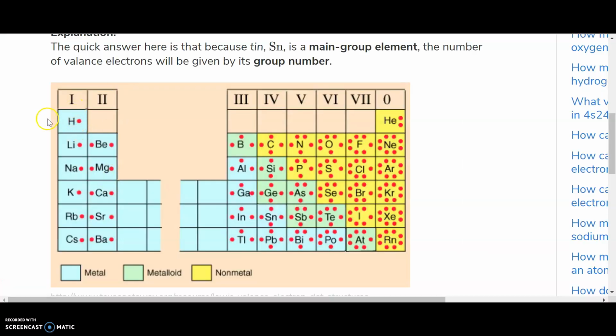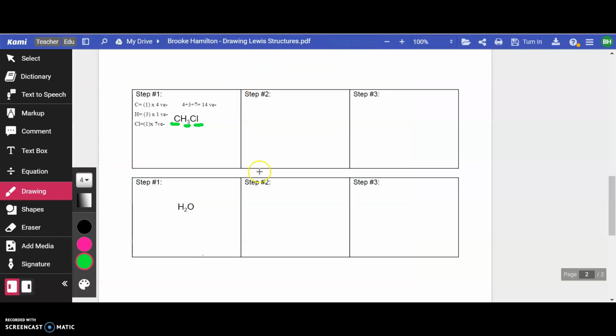So hydrogen group 1 has 1 valence, carbon group 14 has 4, and chlorine group 17 has 7. So total valence here, there are 3 hydrogen contributing 3, 4 valence from the 1 carbon, and there's 1 chlorine giving 7 valence. So there's a total of 14 in CH3Cl.